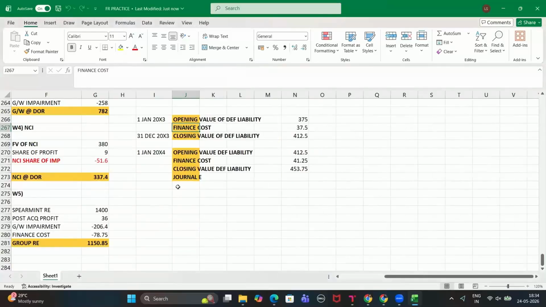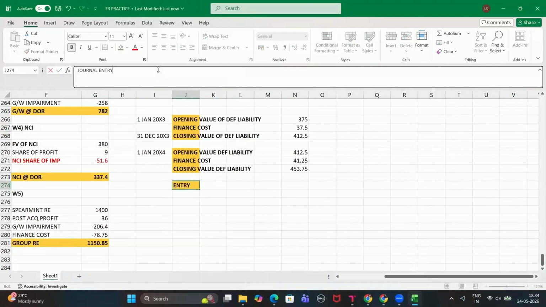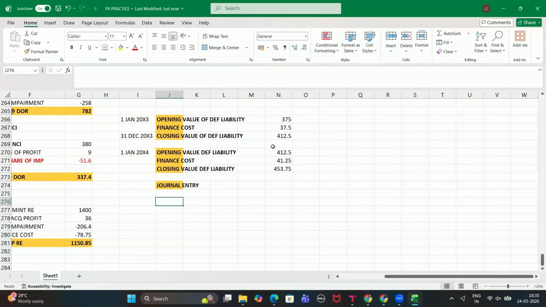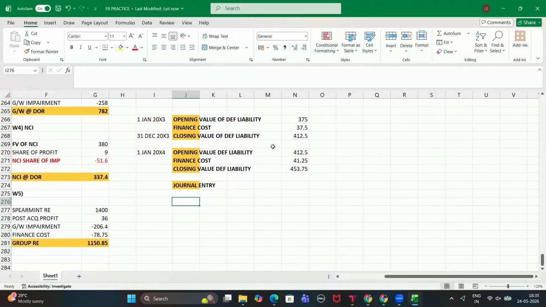Okay, tell me. What will be the journal entry in respect of this finance cost? Just think and tell me, what is this finance cost for us? Expense. So will we debit or credit expense? Exactly. Debit finance cost. Credit what? Credit deferred liability.